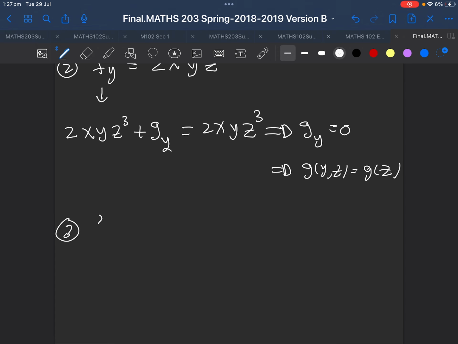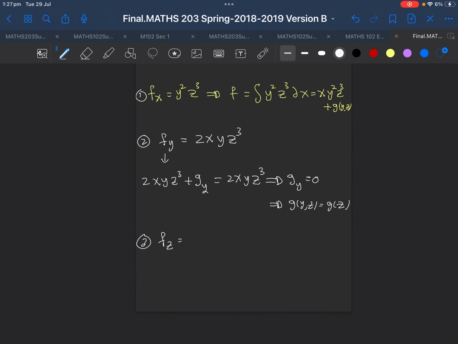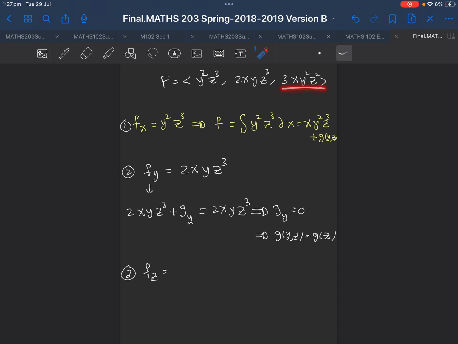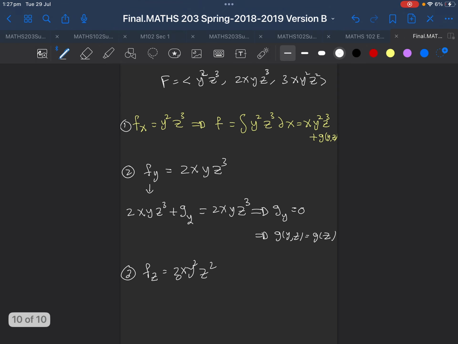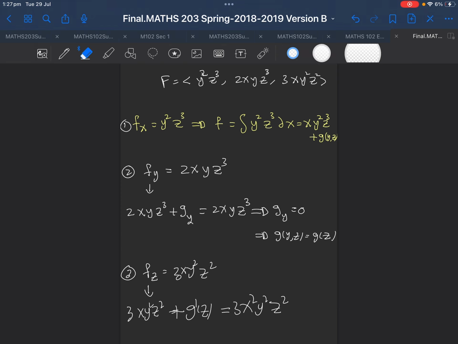I go to the third equation and I write fz equals the third one, which is 3xy squared z squared. Now we find the derivative of f, which is 3xy squared z squared plus g prime of z equals 3xy squared z squared.